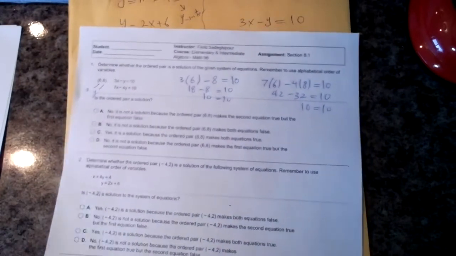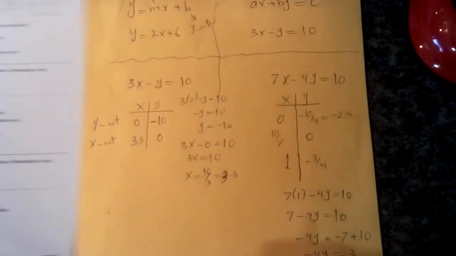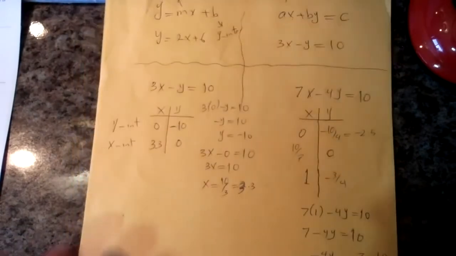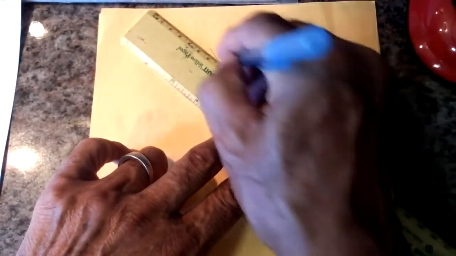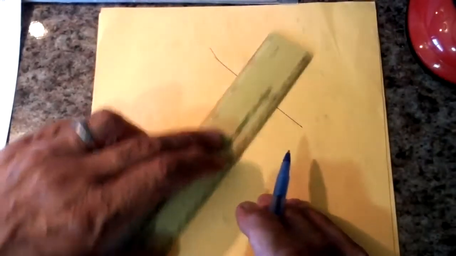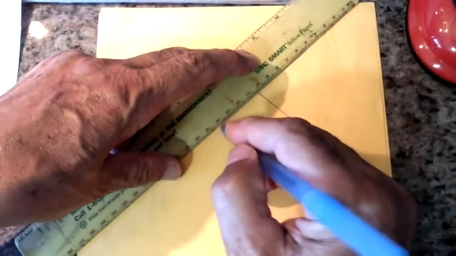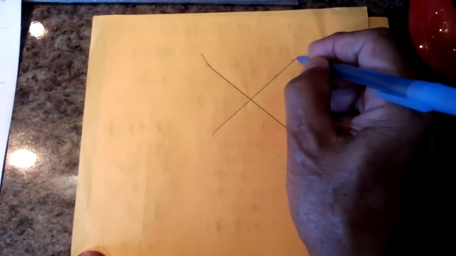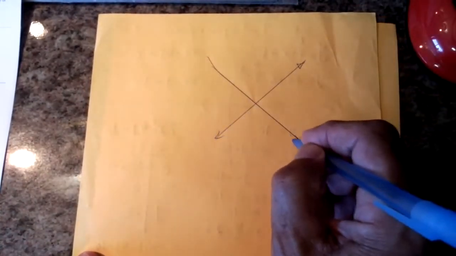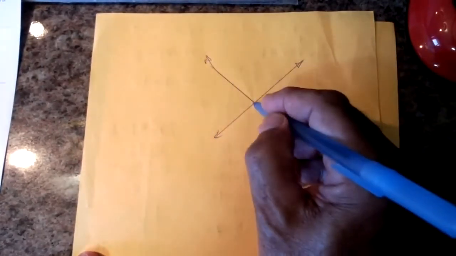When you have two straight lines, sometimes they might intersect each other at a point. When they intersect at a point, this point they call the solution of the equations. It means there is always a point. These are two straight lines. They intersect at the point.